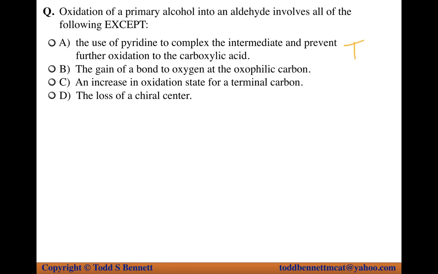It does, in fact, gain a bond to oxygen because oxidation is a gain of bond to oxygen at the oxophilic carbon. That's just a generally true statement about oxidation of any kind. It does result in an increase in oxidation state by 2. The 2 is extra information. But I don't know about a chiral center, so let's go ahead and draw this out.